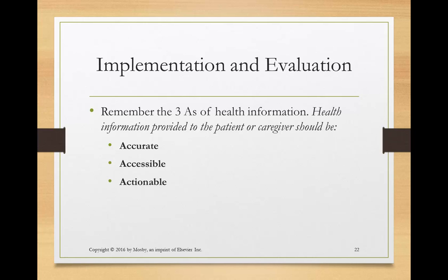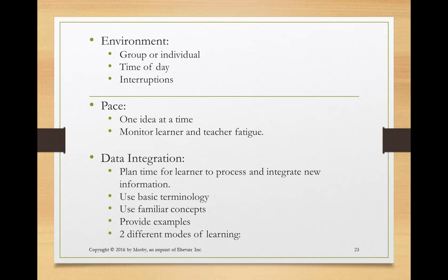That means, other than our words, we need to have some type of resource that they can refer to about the information we're presenting. And it needs to be actionable, which means that the patient needs to be able to integrate it or use it. It's not just for them to read and understand, with no direct impact on their health.